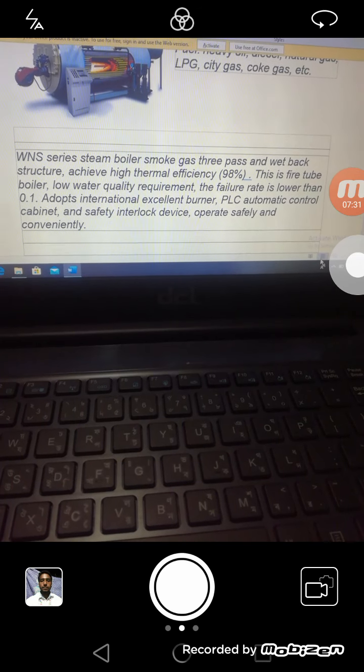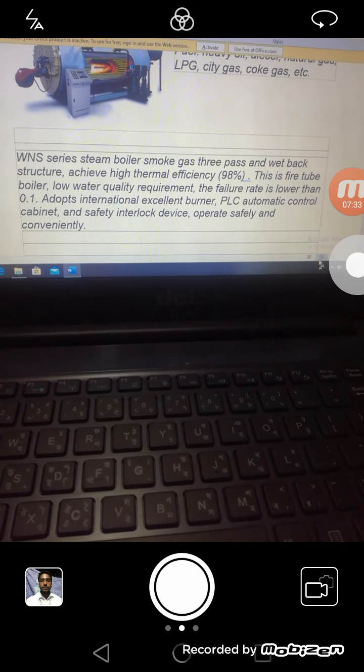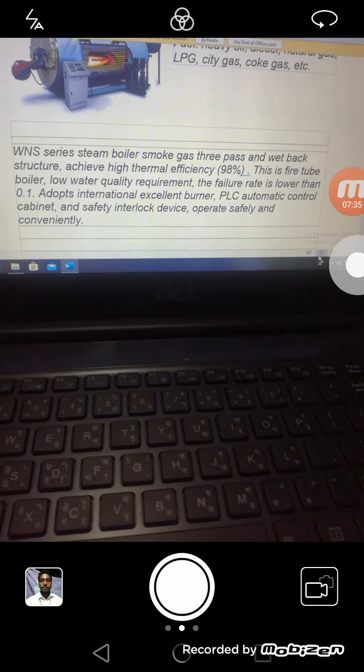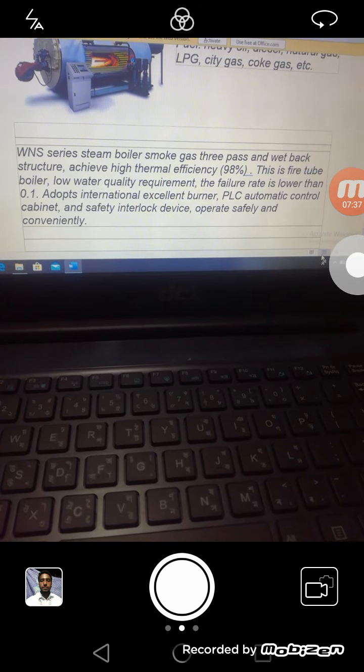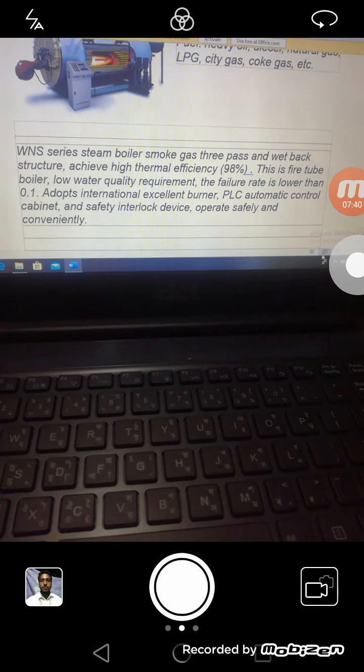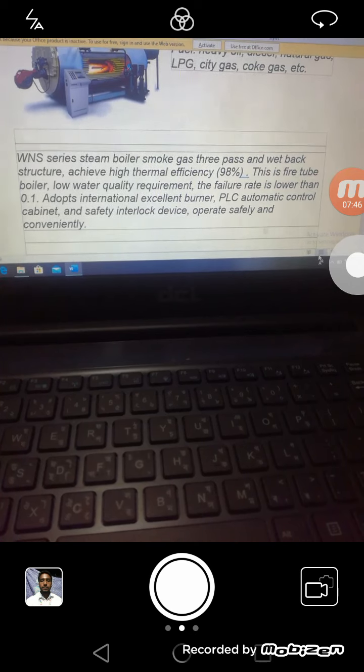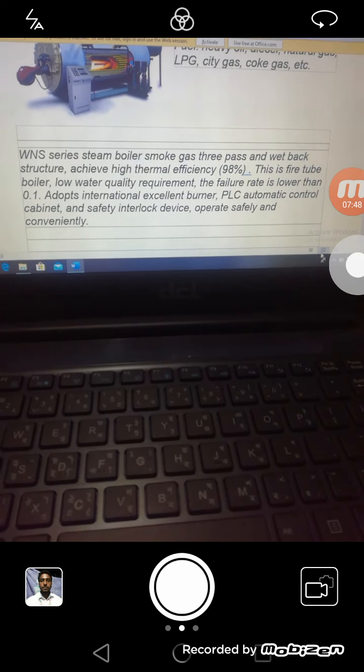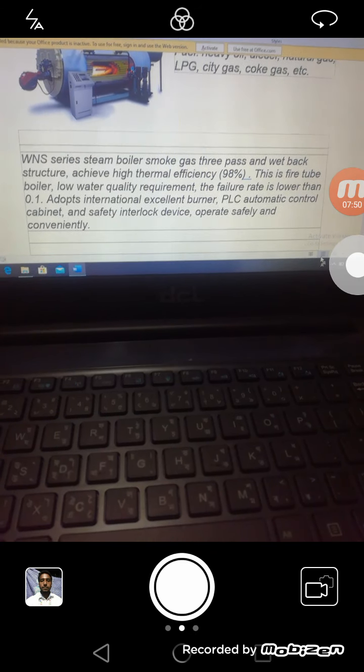This is a fire tube boiler with low water quality requirement. The failure rate is lower than 0.1. It adopts an international excellent boiler PLC automatic control cabinet and safety interlock device, operating safely and conveniently.